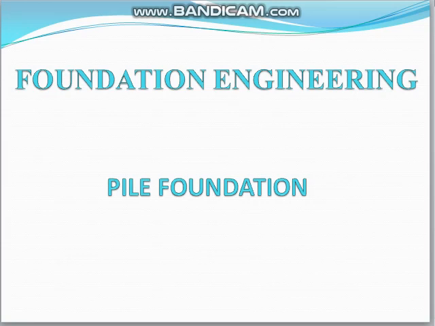From above the plinth level, whatever we can see with the naked eye, like columns, slab, beams, staircase, and walls, these are all elements of the superstructure.